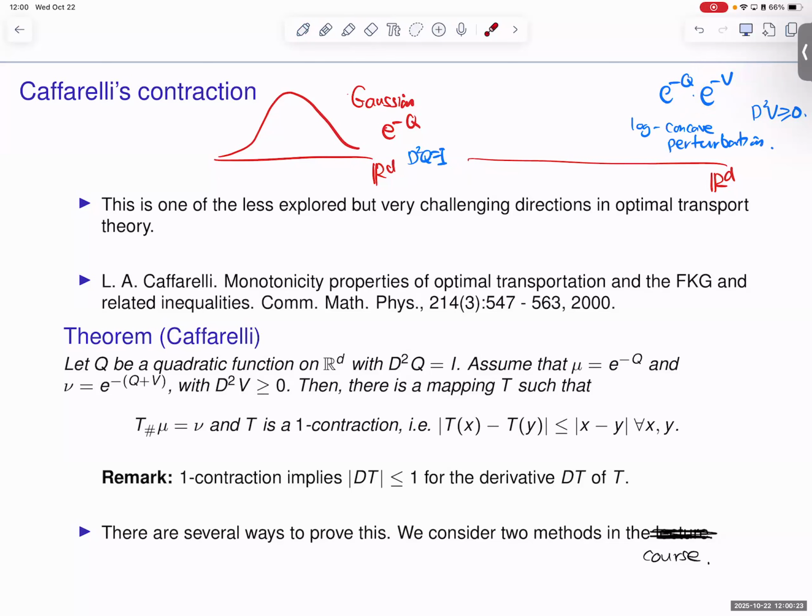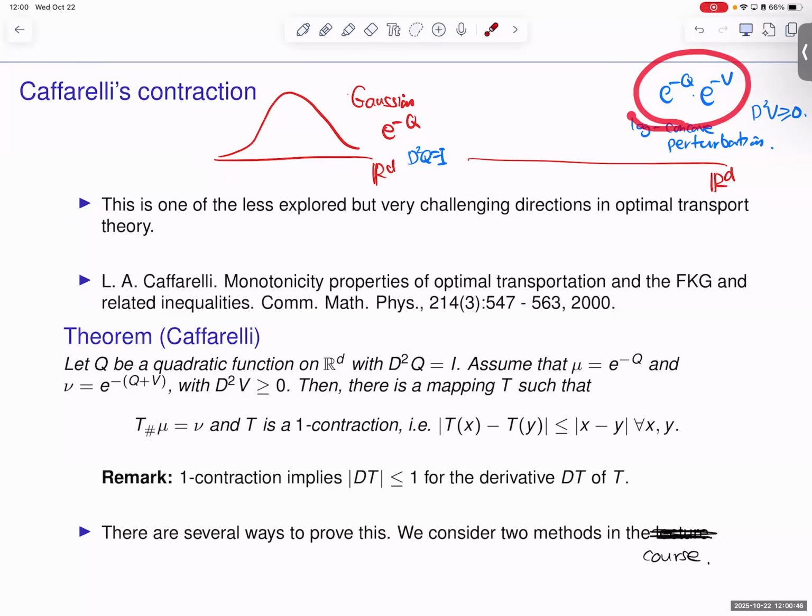Then, because you multiply by exponential of negative v, the decay of the corresponding distribution is faster.